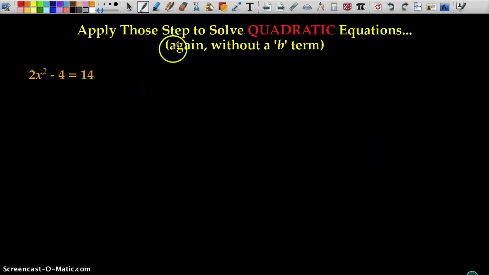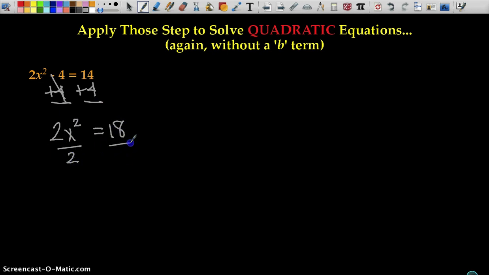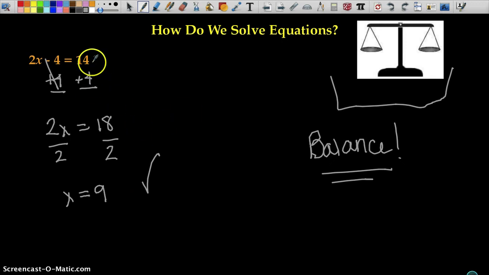So now what's the only difference when we're applying these steps to quadratic equations? We're going to solve it exactly the same way. So start with adding 4 to both sides. So you end up with 2x squared equals 18. And then divide by 2, just like we did last time, so we get x squared equals 9. Now I'm going to jump back real quick. So far, we added 4 as our first step, divided by 2 as our second step, got the answer 9.